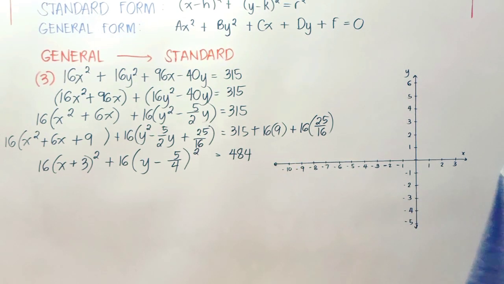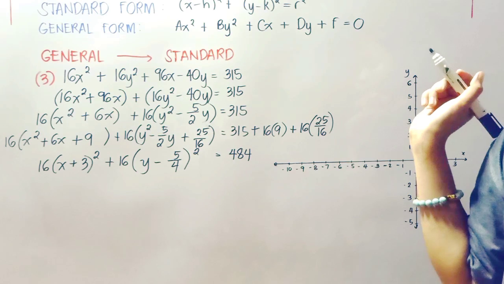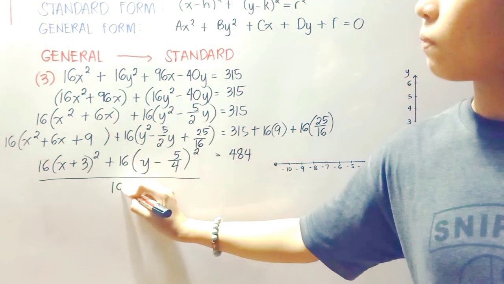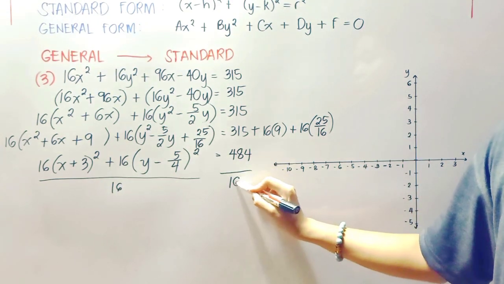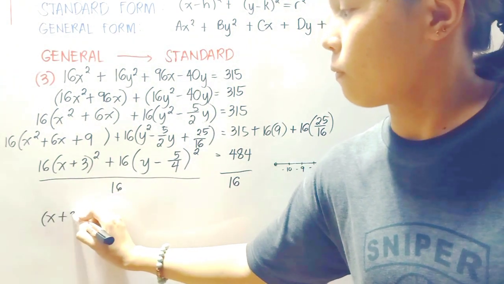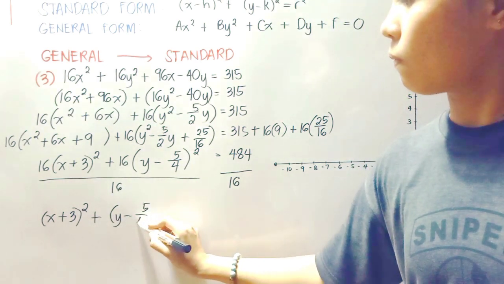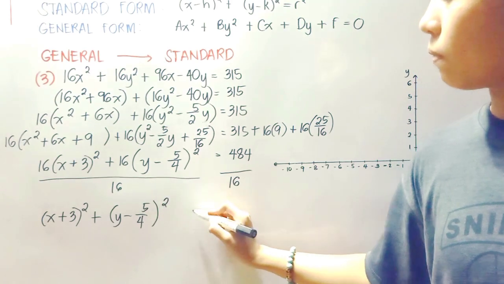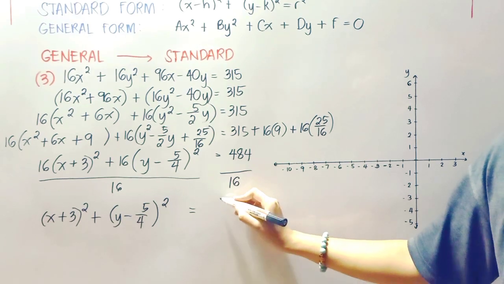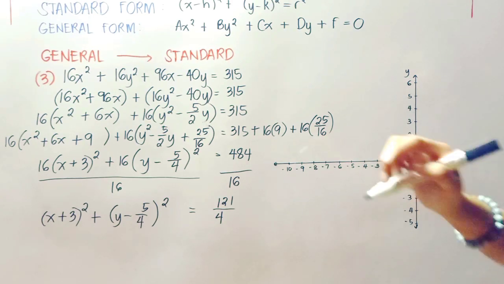Now since 16 is common, we have to divide both sides by 16. So let's have over 16 on the other side as well. So we are left with x plus 3, quantity squared, and then plus y minus 5/4, quantity squared, and this is 121/4.